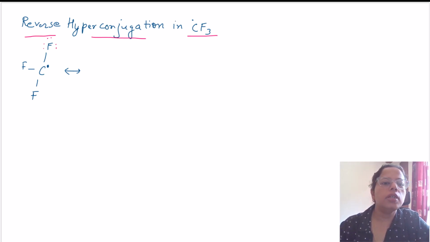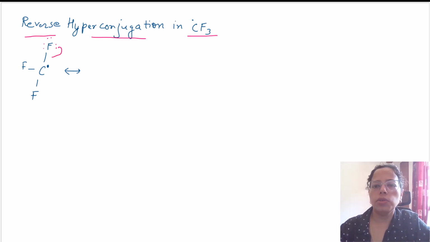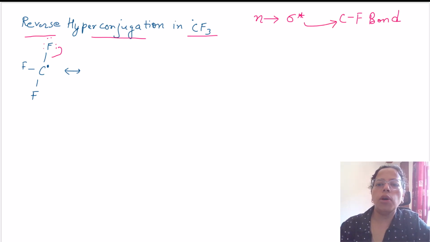So what happens here? The lone pair on fluorine shifts to the CF bond. So the flow of electrons is from n to sigma star. What is sigma star here? The CF bond is the sigma star here. And n is the non-bonding electrons or the lone pairs of electrons on the fluorine atom.